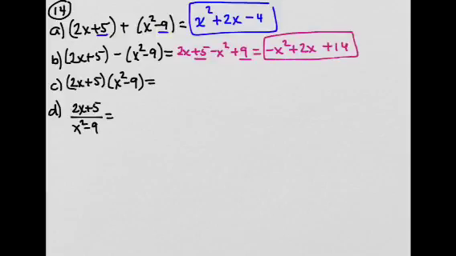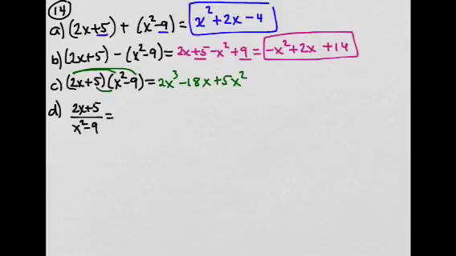For letter C, we're multiplying, so distributive property. So it's going to be this times this, this times this. So that gives you 2x cubed. Then this times this, minus 18x. This times this, 5x squared.